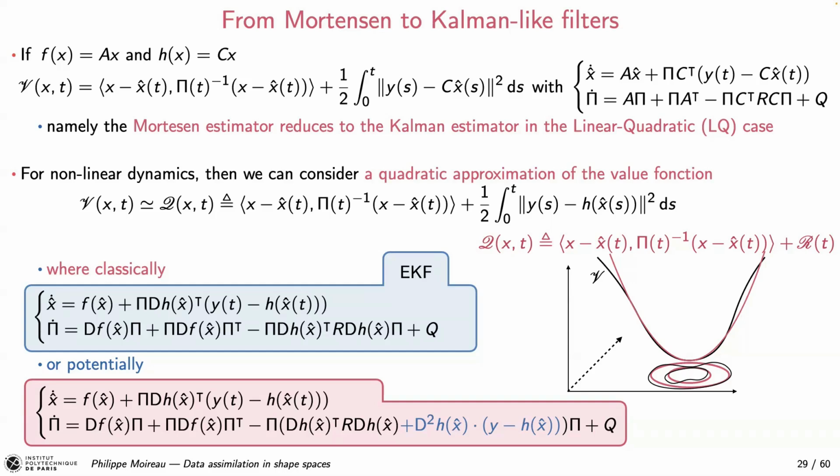That typically gives you an approximate version of the nonlinear filter, called the extended Kalman filter, which is very well known. Actually, we proved that there are corrections to this to be exact with respect to the quadratic approximation, and so we recently developed a new version with correction terms, but we don't care.